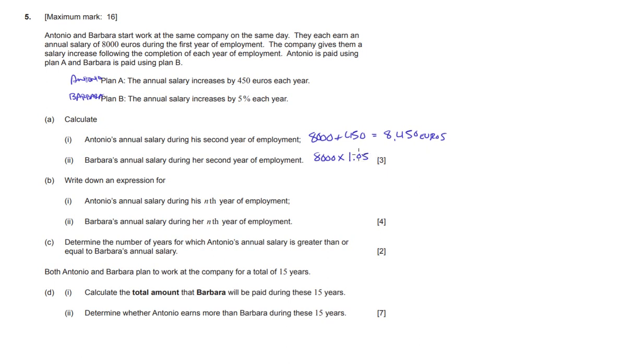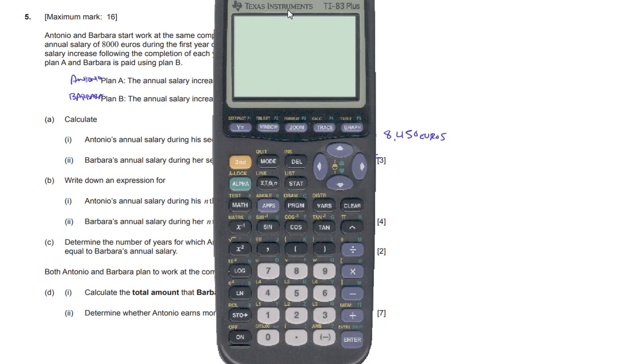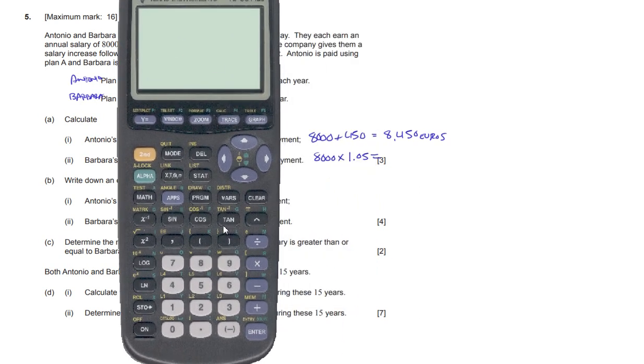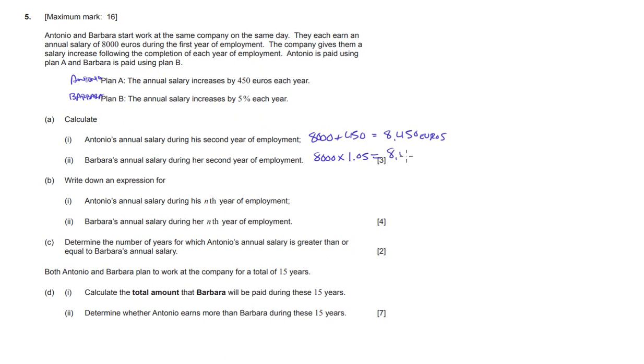So this is 105% is what she's going to earn in the second year. Okay, so we can enter that in. We get 8,000 times 1.05, and we get 8,400 euros. So it's pretty close. It's only off by 50 euros.